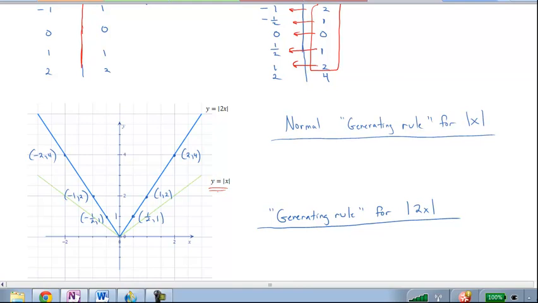It also impacts, if we want to do this without an xy chart, what that generating rule is for the function. When we were talking about absolute value of x, the generating rule was go 1 unit right and 1 unit up from the home base.